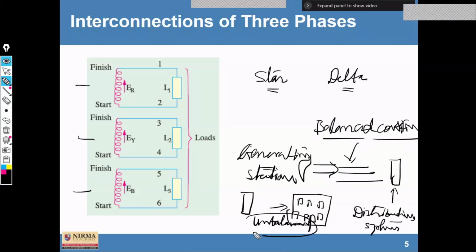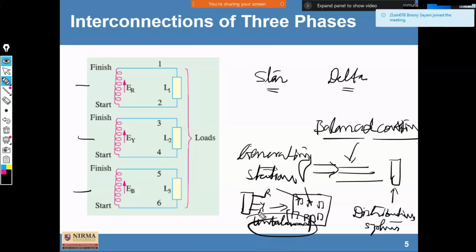Clear. So this unbalancing is possible only at the consumer end, because this person can use different power, and that person can use different power. So in these three different phases which are connected to the consumer, that may be R phase, Y phase, and B phase, having different values of current.